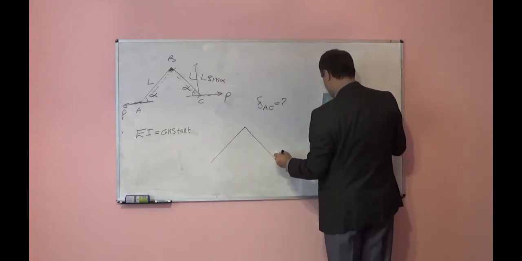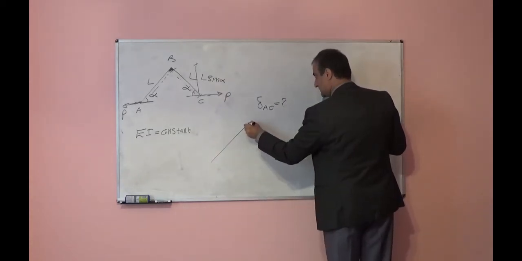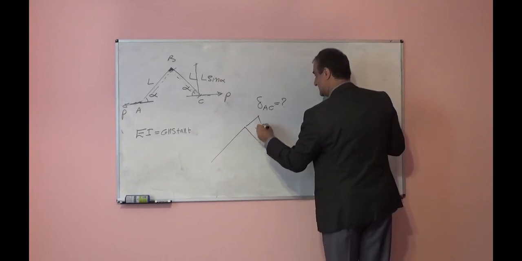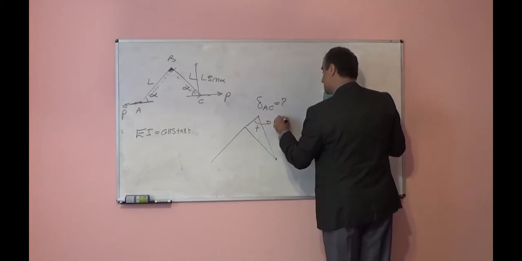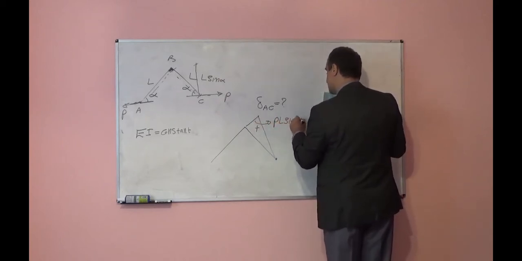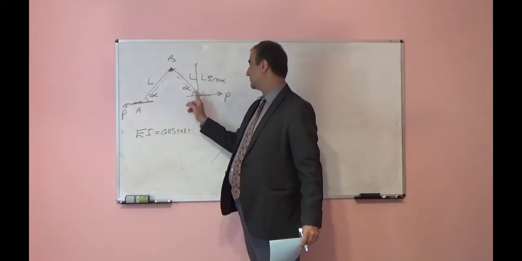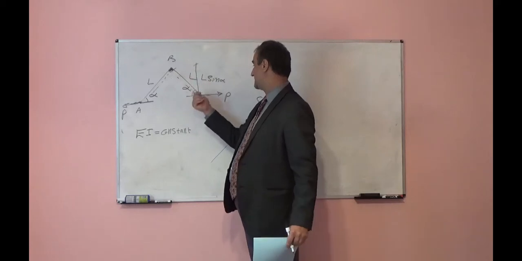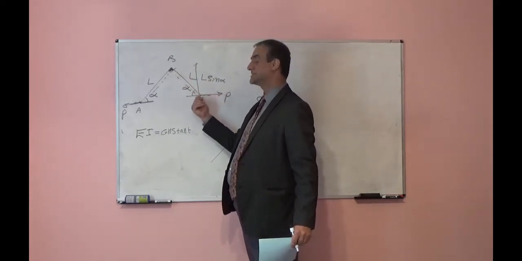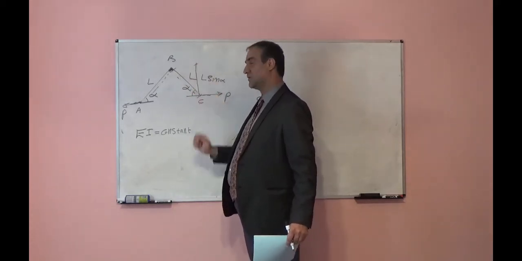So the moment diagram will be 0, it goes to positive PL sine alpha. Moment at the beginning at the free end is 0. Just before B it is load times distance which is perpendicular to the load direction.